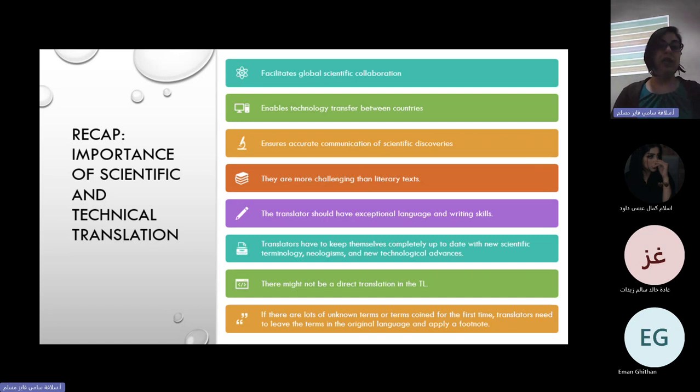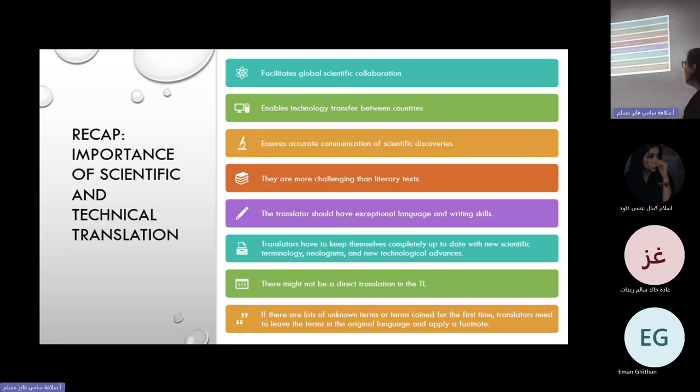There might not be a direct translation in the target language. So what did we say? We can find an alternative if there is one. If there isn't, we can explain the term in our own language. However, we need the expertise of experts in this field.